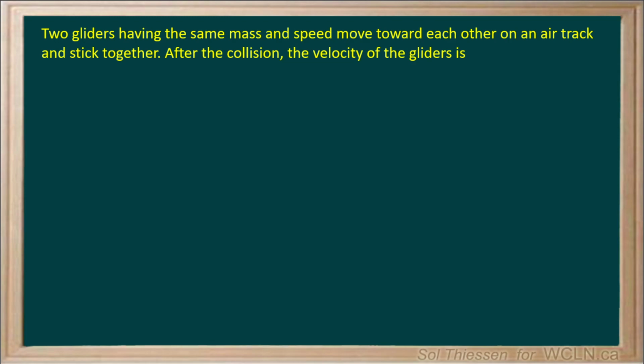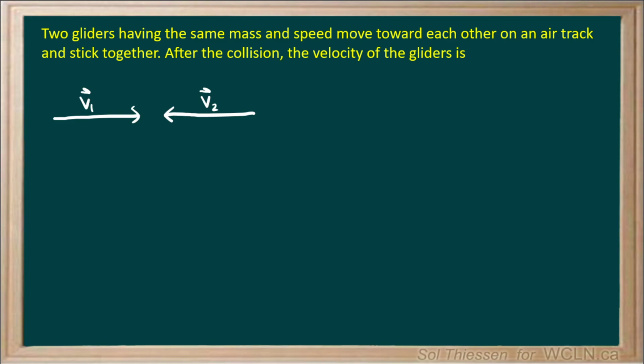So we know that the two gliders are moving toward each other, that they have the same mass and speed, so the same mass and magnitude of velocity. But since the two are moving toward each other, we know that those velocities must be in opposite directions. So the velocity of the first glider may be to the right, and the velocity of the second glider could be considered to be to the left.